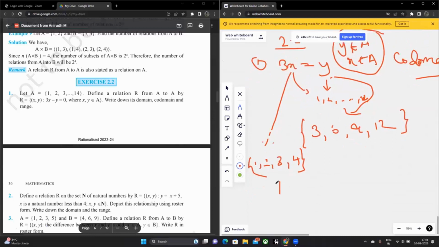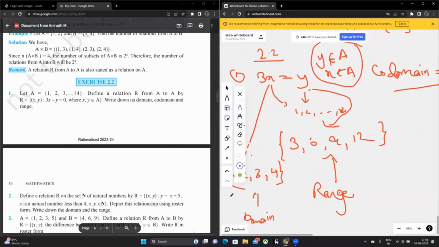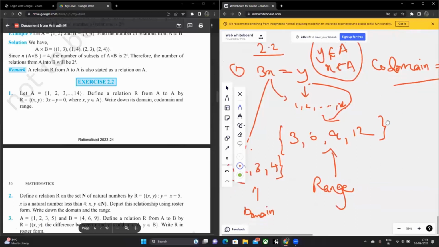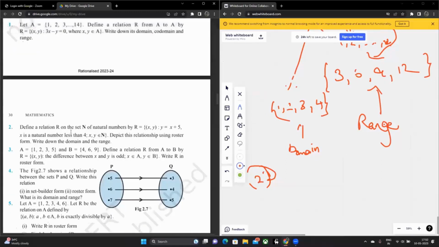So this set 1, 2, 3, 4 is the domain, and this set 3, 6, 9, 12 acts as the range. The codomain is the entirety of A. So you have domain is this, range is this, codomain is this, you have all three. You have finished the first question. Going to the second, right? Define a relation R on the set N of natural numbers, and so on.